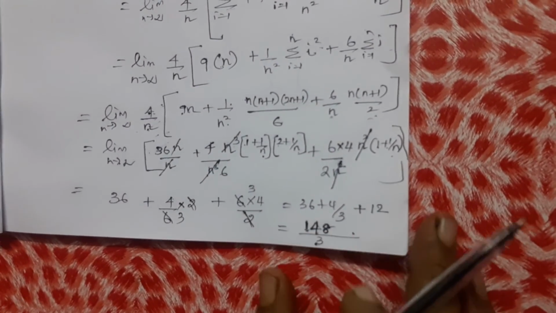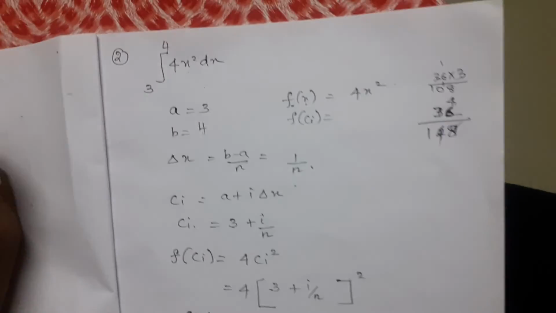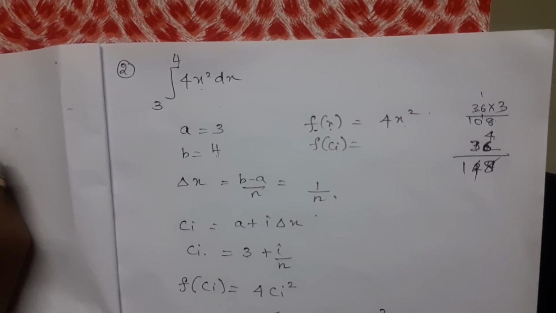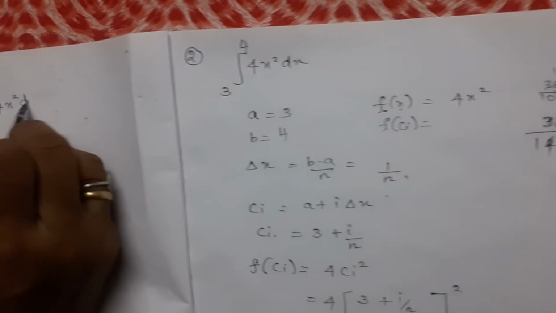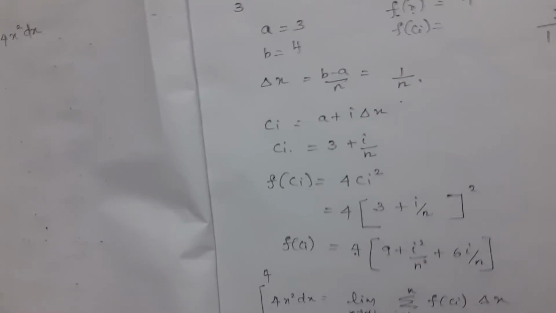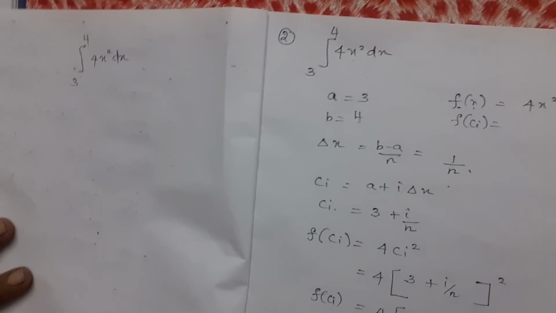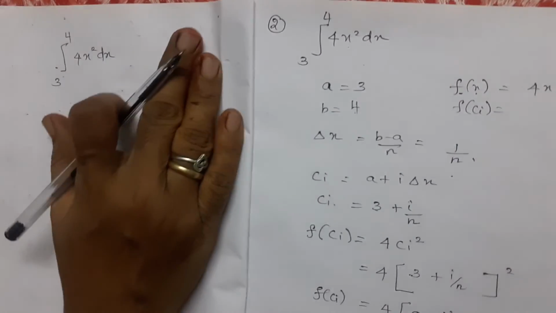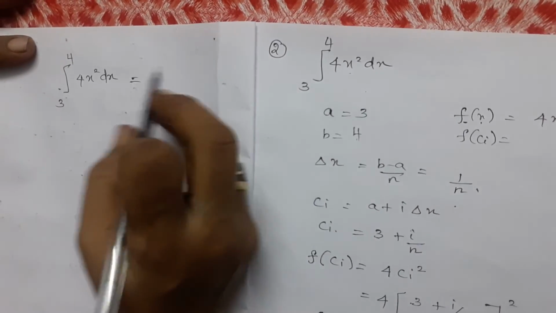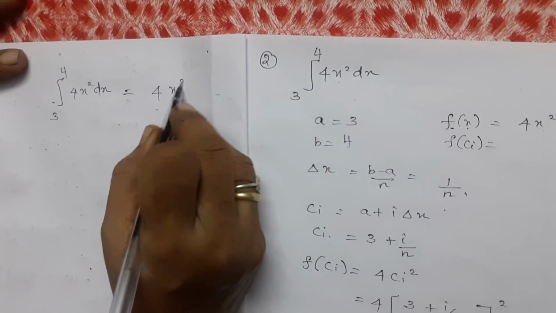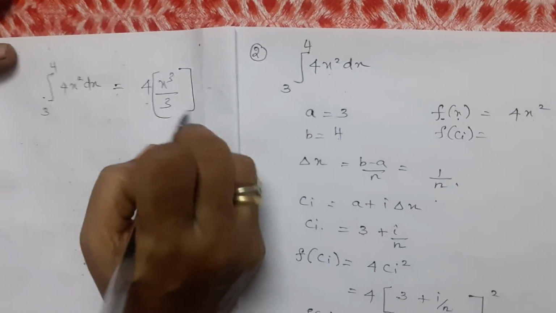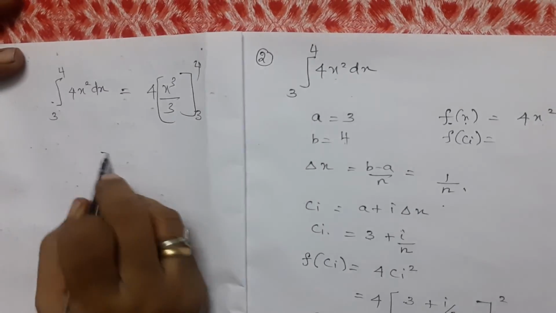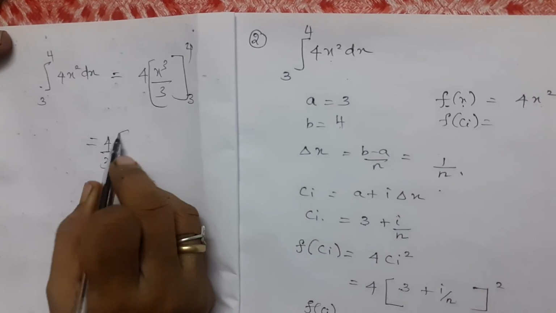We can even verify this by ordinary integration. So we have the integral from 3 to 4 of 4x square dx, which we have completed using the limit definition. So as usual, the integration of 4x square is 4x cube by 3, with upper limit 4 and lower limit 3. 4 by 3 can be taken outside.